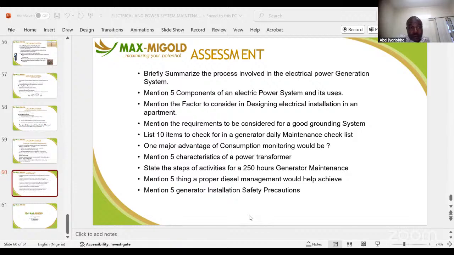Keep records of your activities. Documentation is key here. When you service your generator, you document it: this generator was serviced at so many hours as recommended by the industry. Like this earthing I talked about, when you do your earthing maintenance, put it down.